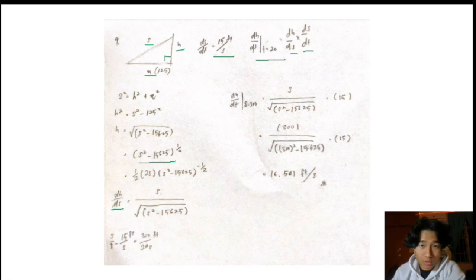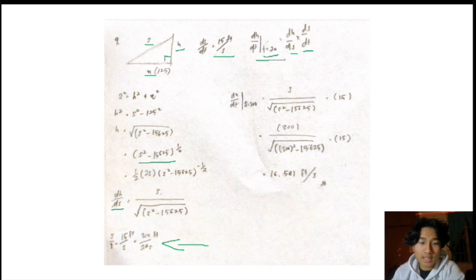So we already have the dh over ds and ds over dt. We just substitute those values into the chain rule. But wait, here it states t equals 20, but in the equation we don't have any t. So we look here, where 15 feet in 1 second.